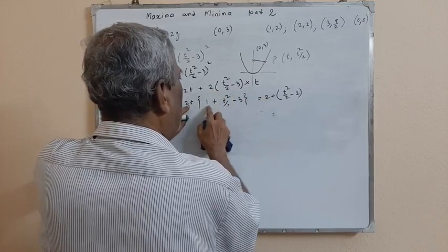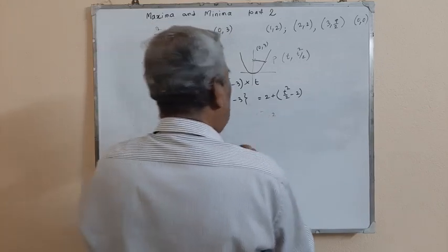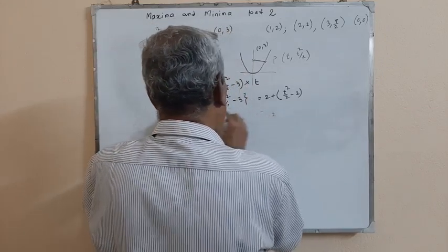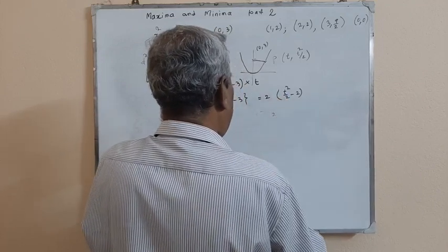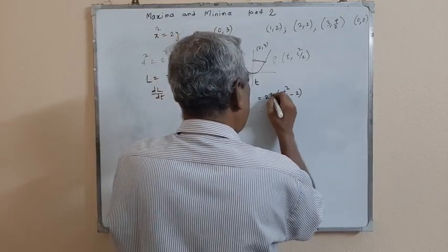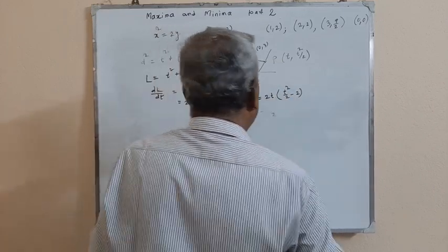That is 2t into 1 plus t into t square by 2 minus 2.